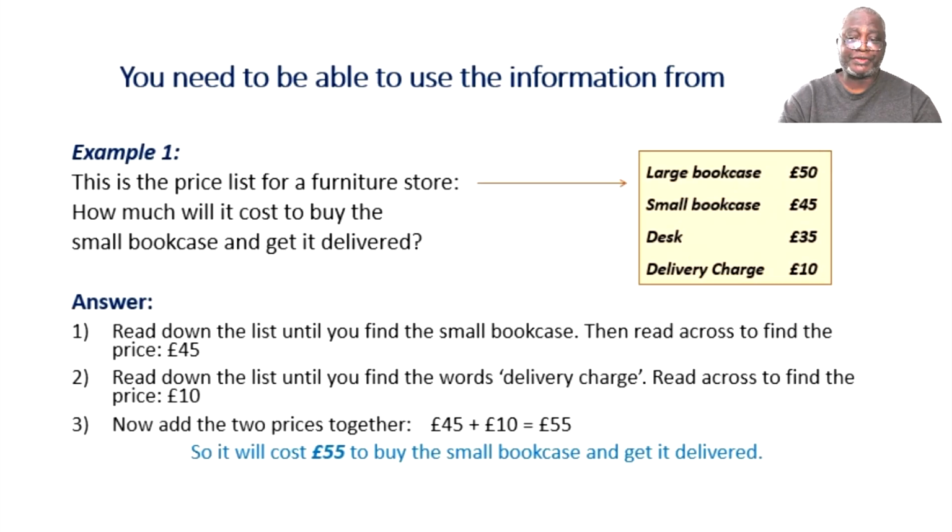So what is the answer? All you need to do is look at the list, look at the prices, and select the items you're interested in. In this case, the small bookcase and the delivery price, which is £45 and £10. Add them together and you have your answer, which is £55 to buy the small bookcase and have it delivered.